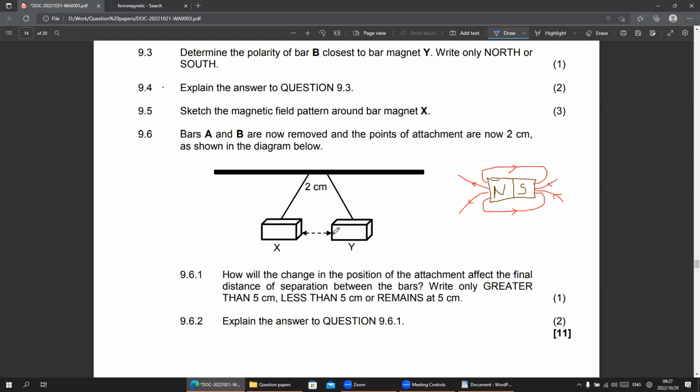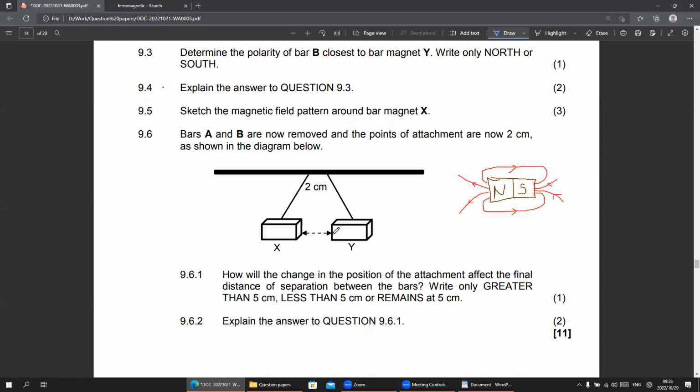Less than 5 centimeters, sir. Okay, can you try to give a reason as to why? Because the distance between them is less, and also the bar B is not there, so Y doesn't pull towards B. Yeah, so Y isn't attracted to another metal.